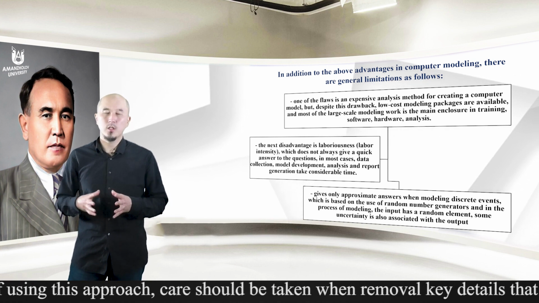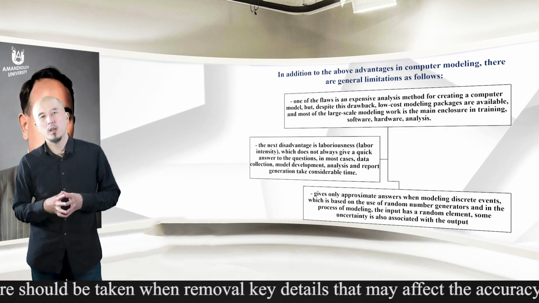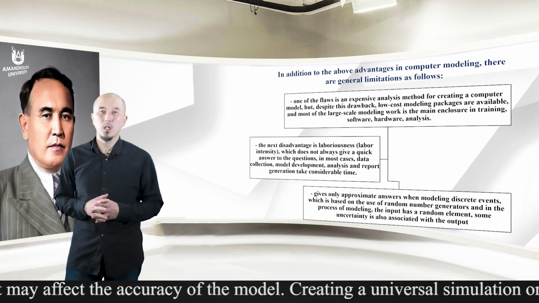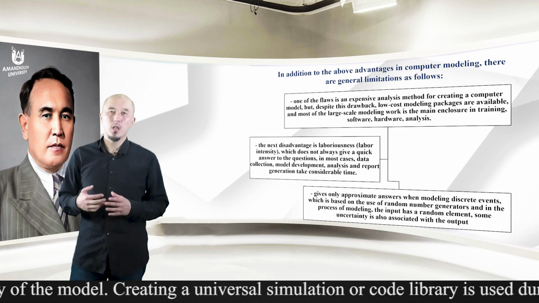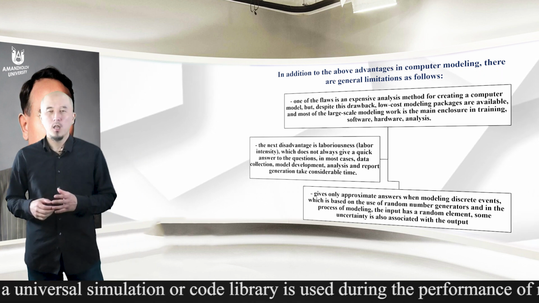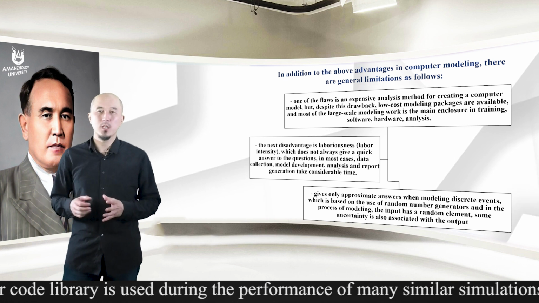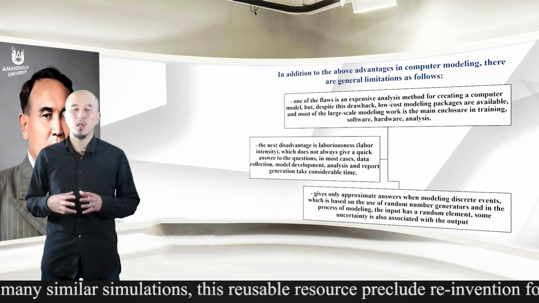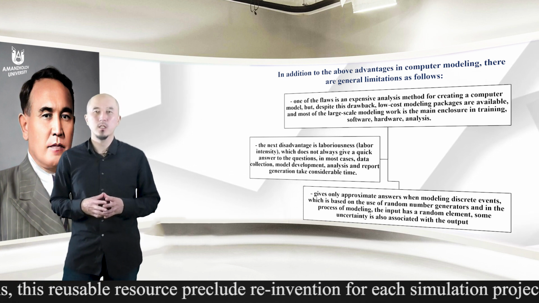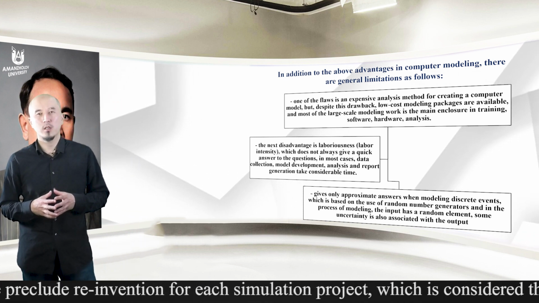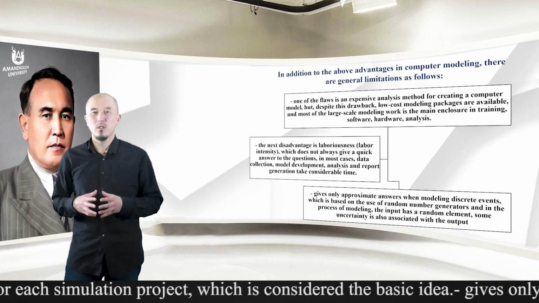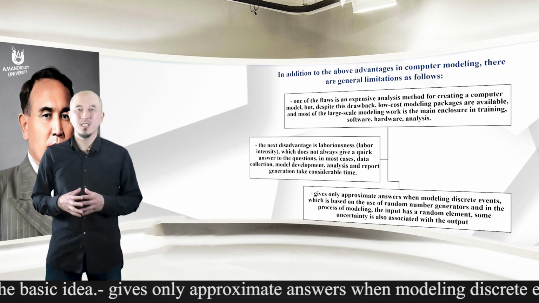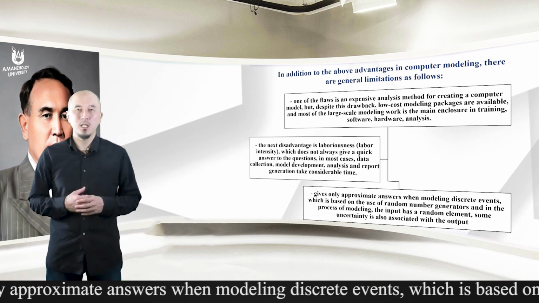But in the process of using this approach, care should be taken when removing key details that may affect the accuracy of the model. A universal simulation or code library is used during the performance of many similar simulations. These reusable resources preclude reinvention for each simulation project, which is considered the basic idea.